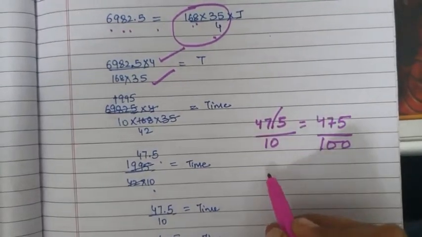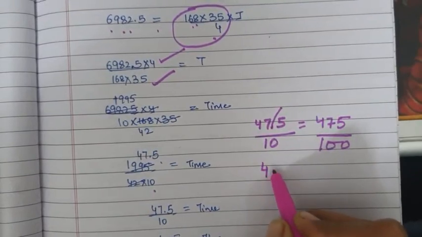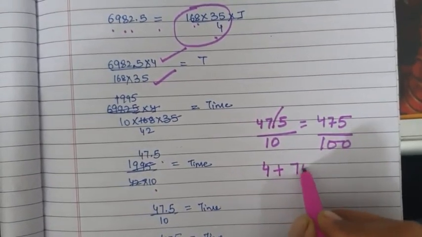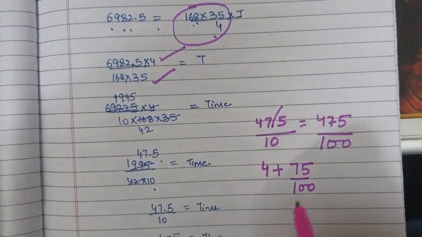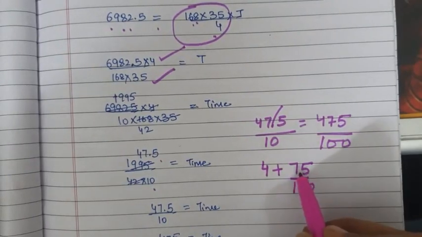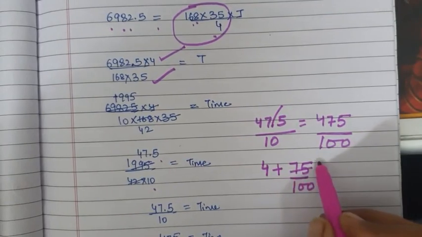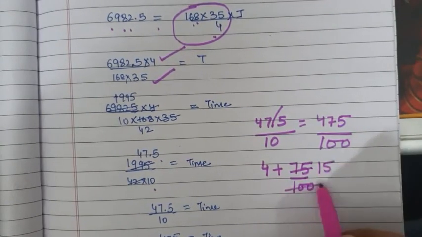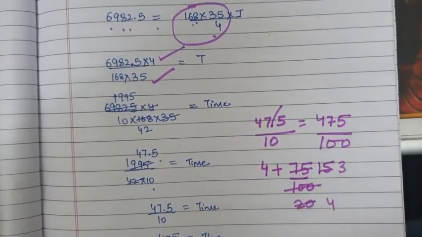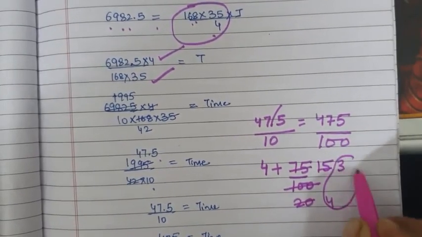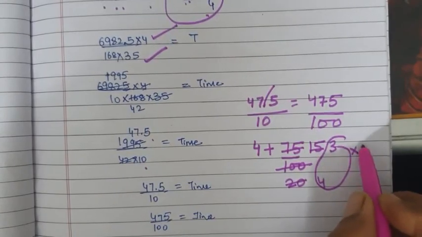Now it can be written like this: 4 plus 75 upon 100. Now let us do the cancellation here. 15, 20, then 3 upon 4. Now convert this into months by multiplying by 12.